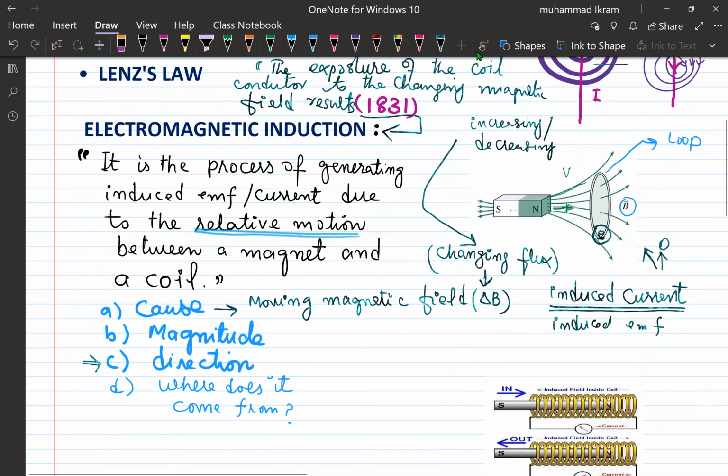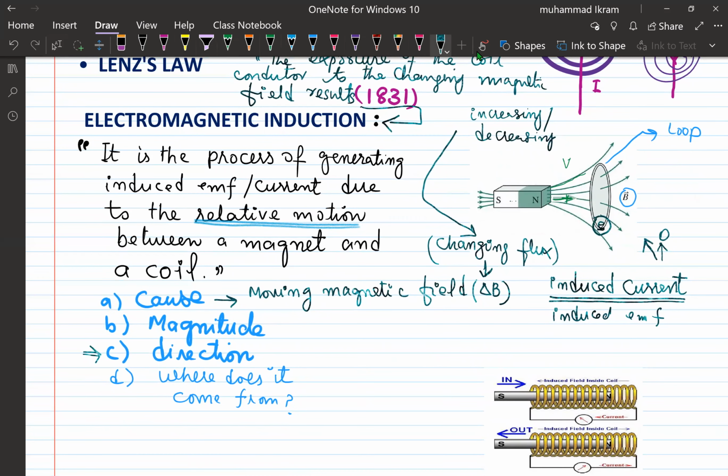Now, what if we keep the magnet stationary and move the coil towards or away? The same will be repeated. If you move the coil towards or away, in both cases there will be induced current in the coil.